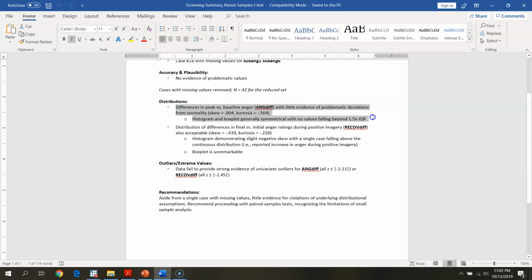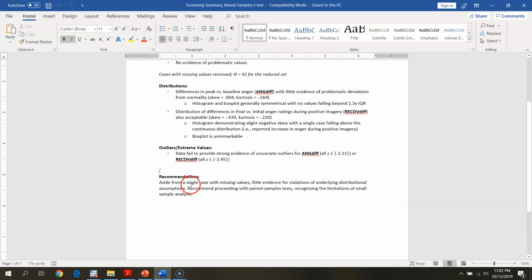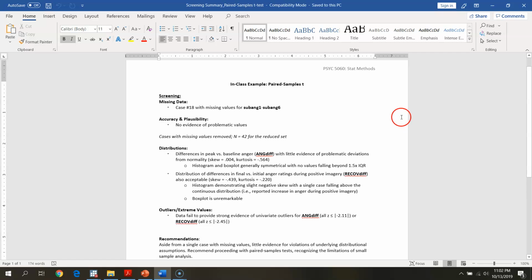Talking about our distributions for anger difference, histogram and box plot, distributions for anger recovery, histogram and box plot here, no extreme values that we're finding, and so based on our recommendations, aside from that single case, nothing looking problematic, we can go ahead and run our paired sample test without concern based on the results of our screening here.